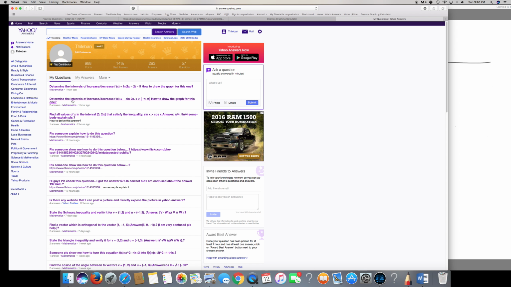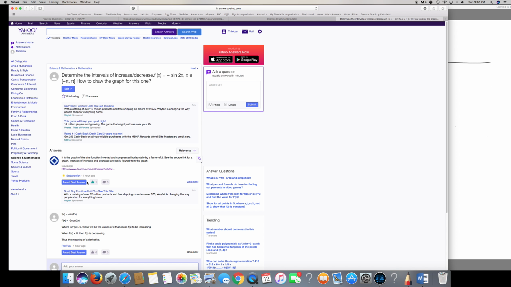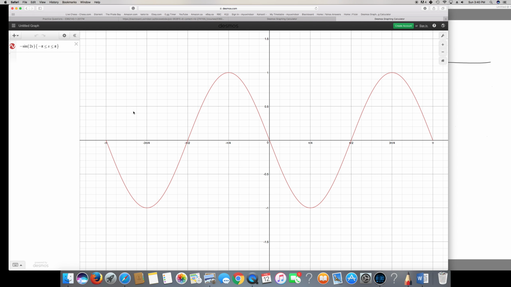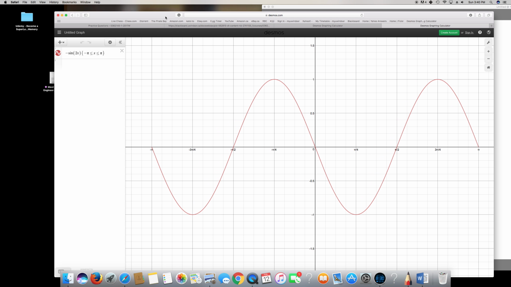So if I draw a graph for negative sine 2x and the domain is limited to negative 5 to 5, this is what my graph is going to look like.